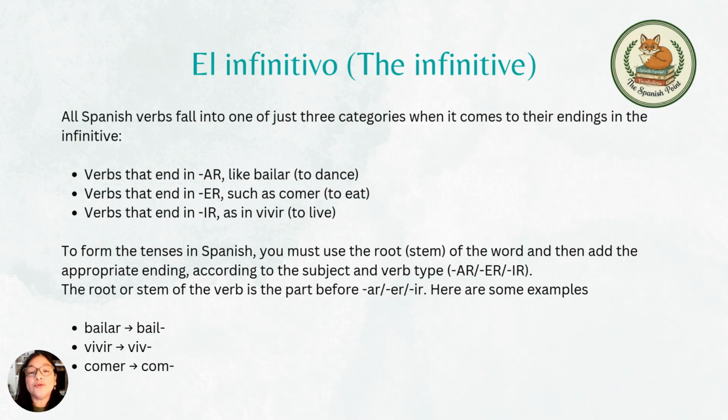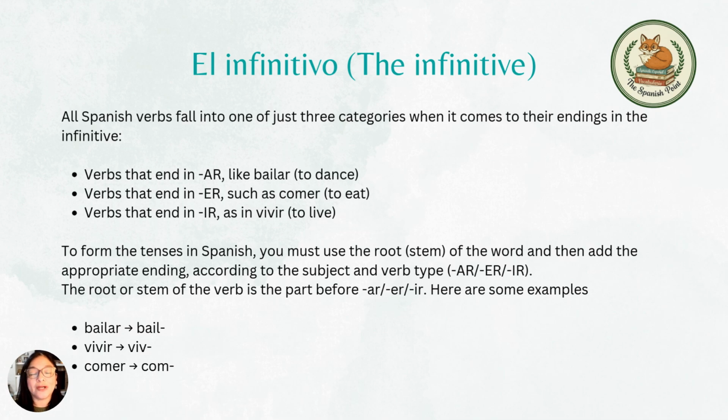When we are going to learn a new tense, what we do is eliminate those endings AR, ER, and IR, and whatever is left in the verb, that will be the stem you are going to use, and to that you are going to add the endings of each tense. For example, if we have bailar, we eliminate the AR and we are left with bail.